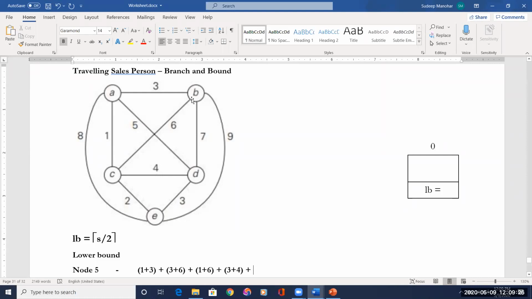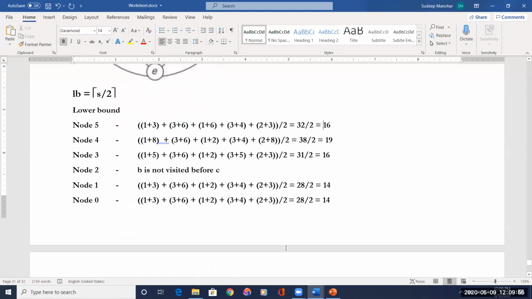For E also this A to B, B to C doesn't affect, for E it is 2 plus 3 minimum. Two edges are 2 plus 3. Add this. 4 plus 9, 13 plus 7, 20, 27, 32. 32 by 2 is 16. So node number 5's lower bound is 16.